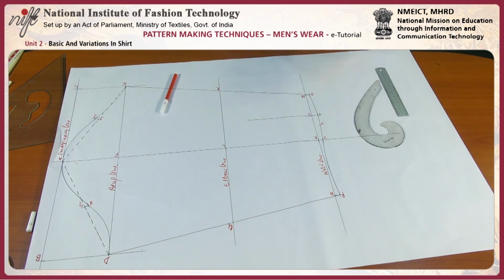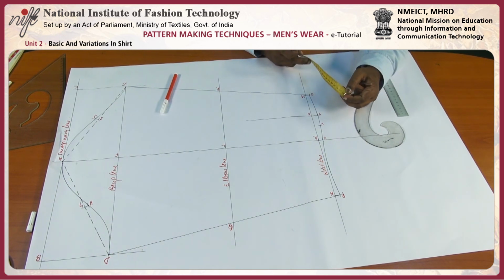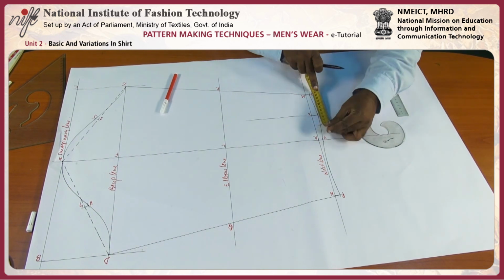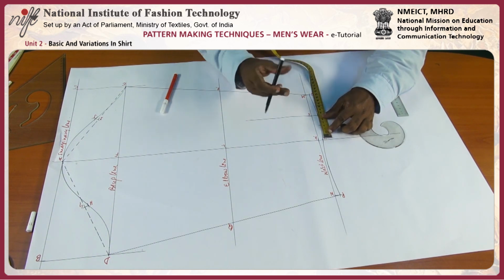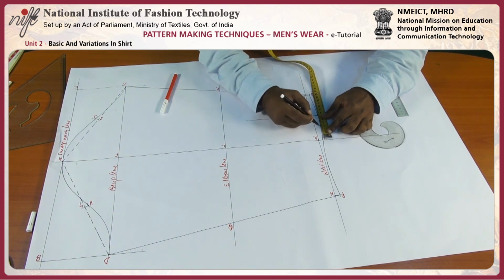V to W is 2.5 centimeter, pleat number 1, pleat 1.